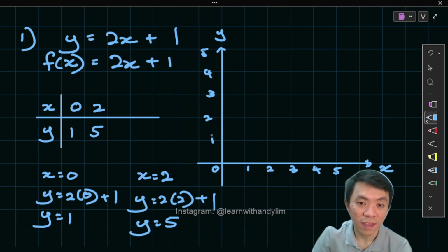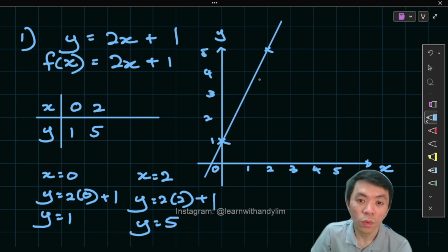Let's label this one, (0, 1), which is right here. And then I have my (2, 5). There we go. This is my straight line. Let's draw it out. The line needs to pass through these two crosses here. There we go. This is my first example.